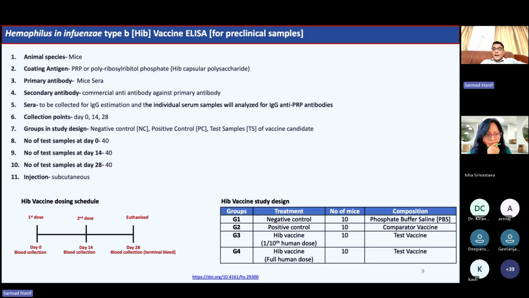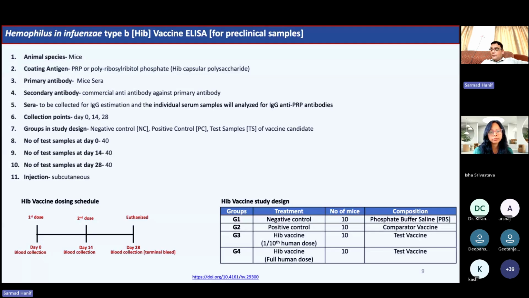Then you have group 2, which is the positive control, the comparator vaccine. Why I'm saying this: if you have a vaccine available in the market, then you procure that, and you have to see whether your test vaccine, which is group 3 or group 4, is non-inferior or superior to the comparator vaccine.